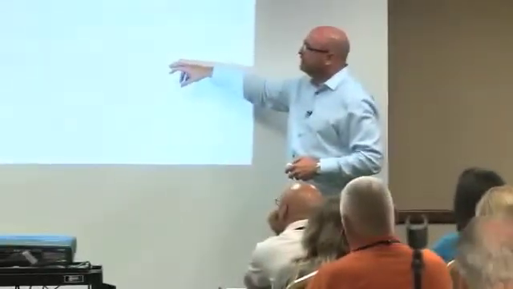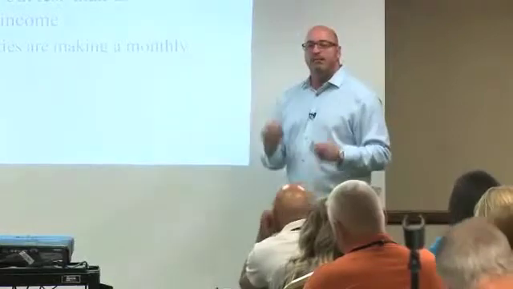Lease the property for more than his payments, but less than the net operating income. Does everybody see that? You're going to lease the property for more than his payments, but less than the net operating income, so that you have a gap in there. Why do you want a gap? So you make money. You want to make sure that you're leaving a scenario where you and the owner are making a monthly profit.